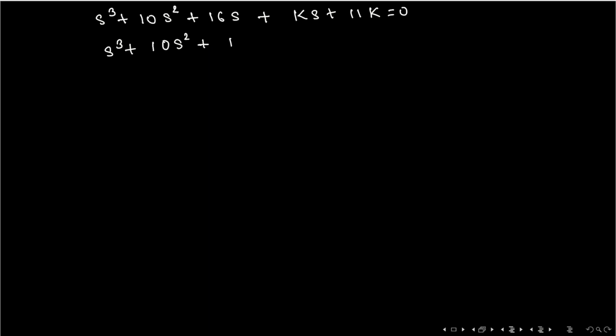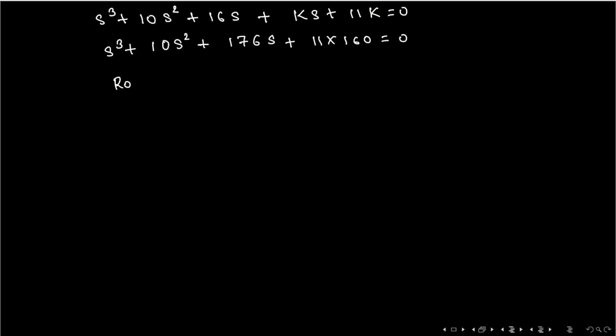We have the characteristic equation as s cube plus 10s square plus 16s plus ks plus 11k equal to 0, which is now s cube plus 10s square plus 176s plus 11 into 160 equal to 0. So now again we will check the Routh array.